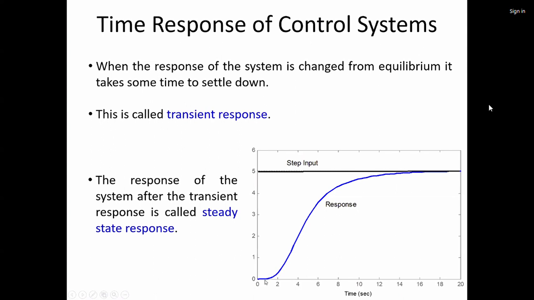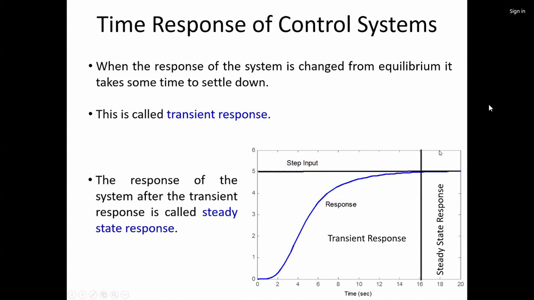The question is how the output slowly changes to match the input. Okay, so you see that there is a finite time that is required before the output can match the input. So that is known as the transient response. So time from t equal to 0 to about t equal to 16 is basically the transient response. And once this response becomes steady and independent of time, you talk about steady state response.